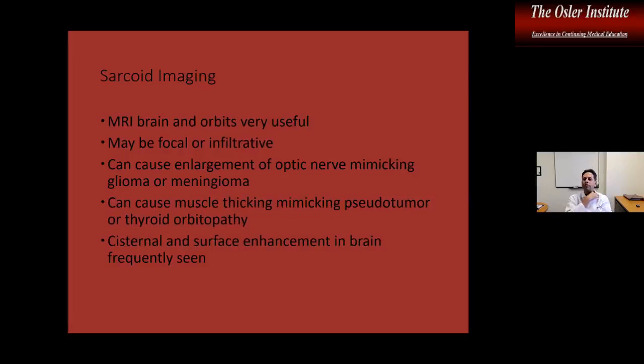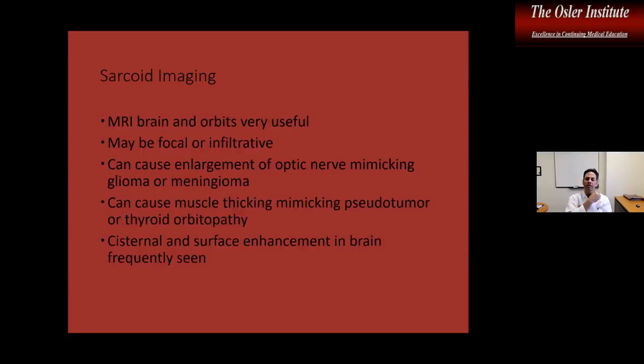And of course, for all of these, a lot of times, especially in your multiple choice questions, it's those beginning clues they give, which may not be very specific clues, but just the general situation. So like an older Caucasian person with an orbital mass, I'm already thinking lymphoma versus metastases, right?